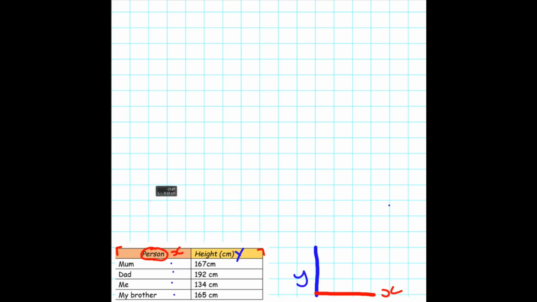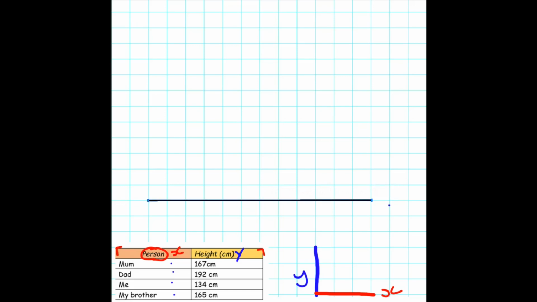I've got 4, so I'm going to do it as maybe 3 squares is going to be 1 label. So I need 4 lots of 3 squares. That's 3, that's 1, 6, that's 2, 9, that's 3, 12, that's 4, because that's 4 lots of 3 there.